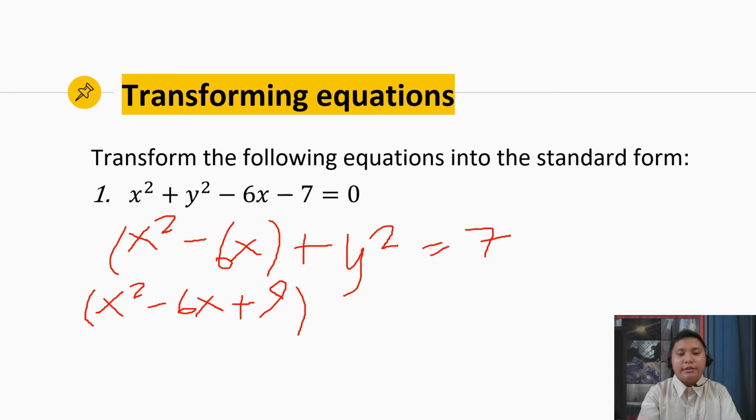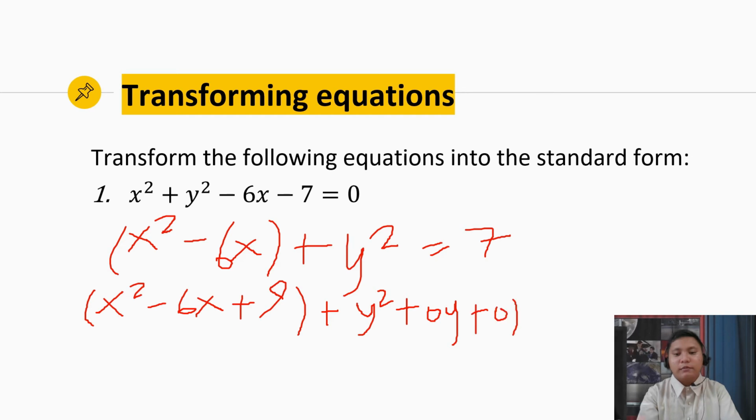In here, we will have y squared plus 0y plus 0 is equal to 7 plus 9.